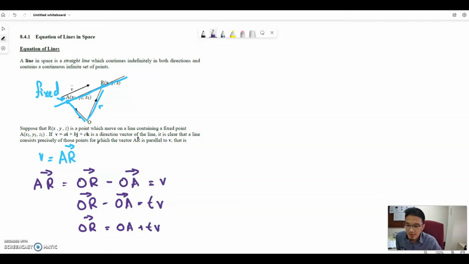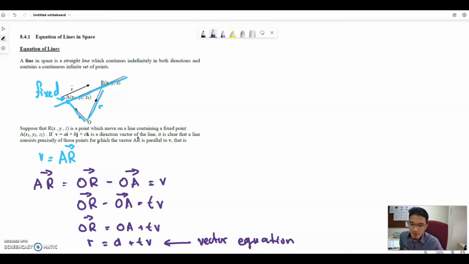Then vector OR is r, and vector OA is a, so r equals a plus tV. Now we have the equation of a straight line, r equals a plus tV. This is what we call the vector equation form for a straight line.